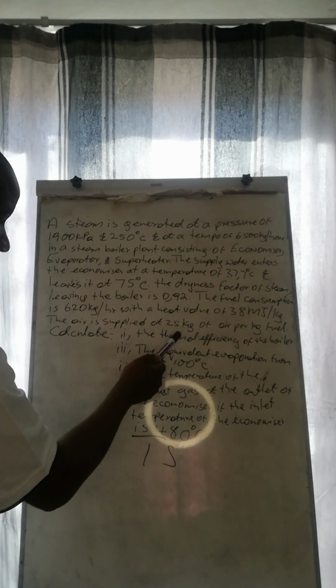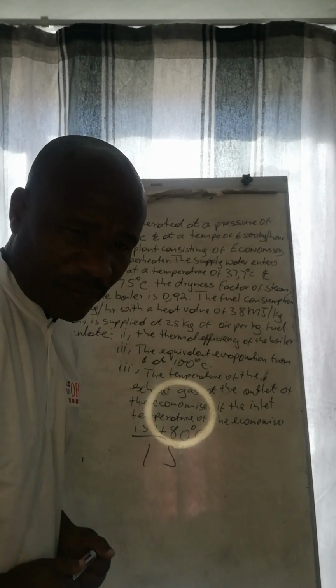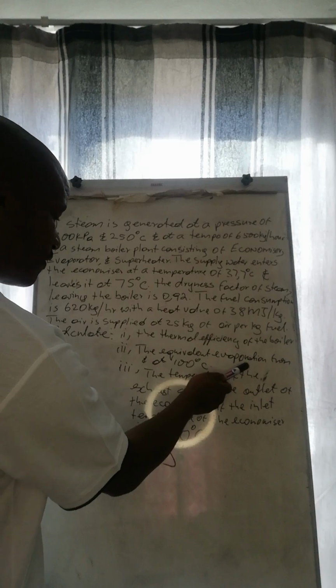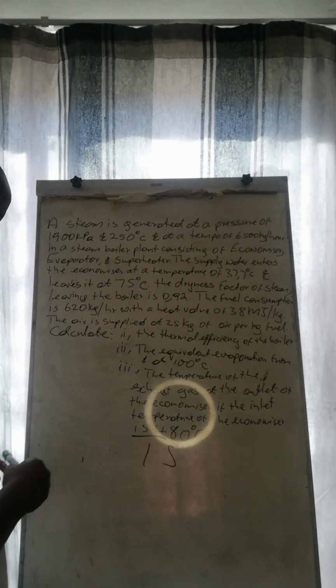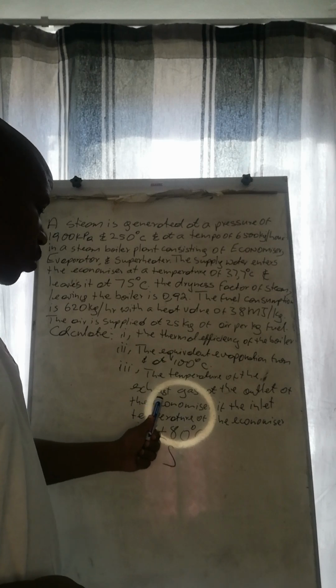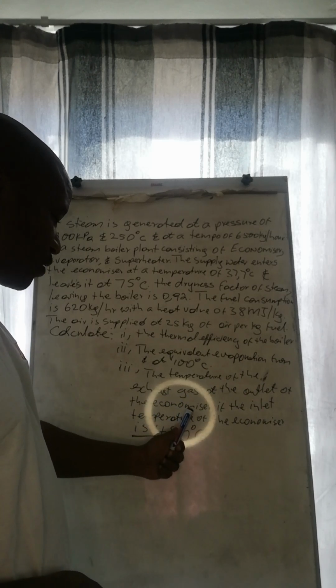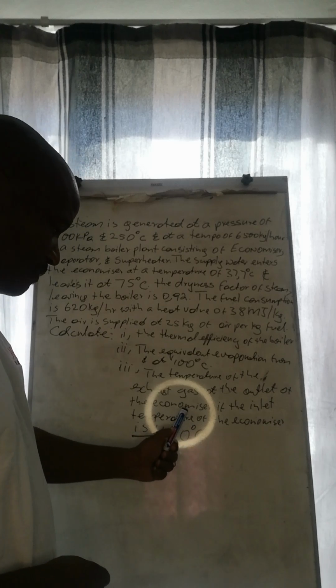Calculate the following. 1. The efficiency of the boiler. 2. The equivalent evaporation. I don't think you are familiar with that. The equivalent evaporation from and at 100 degrees Celsius. 3. The temperature of the exhaust gas at the outlet of the economizer. Actually, he made it even easier.